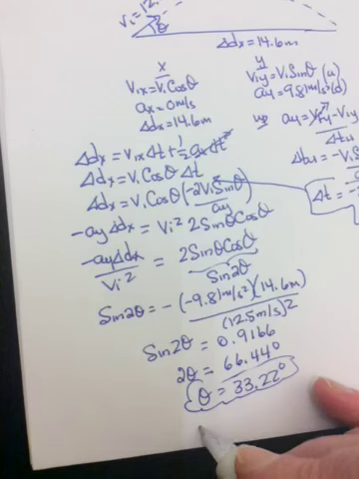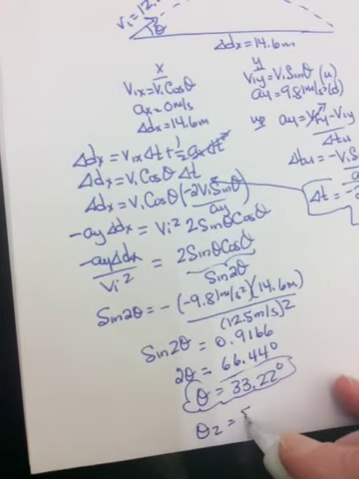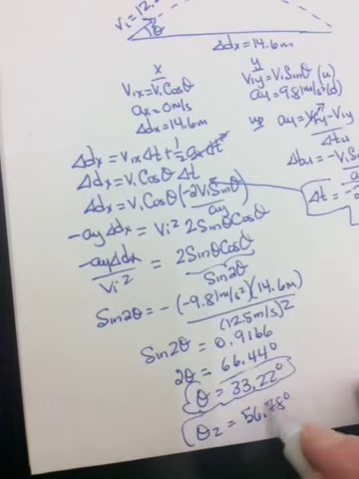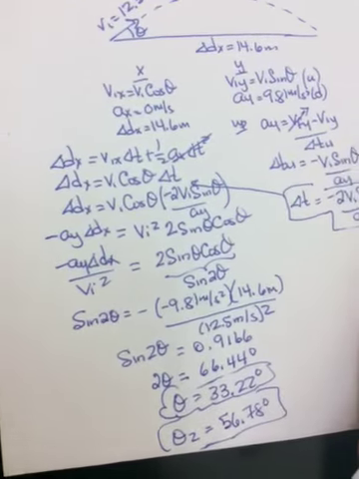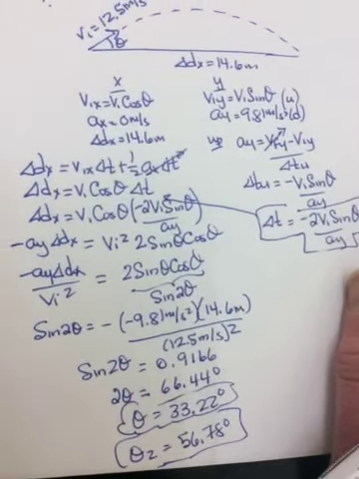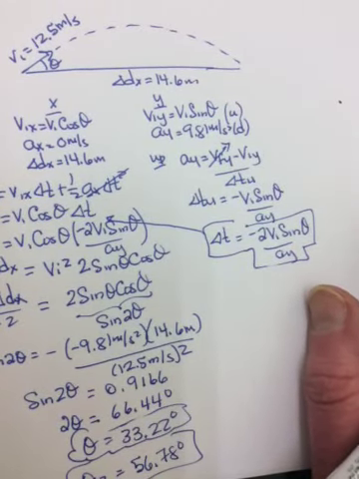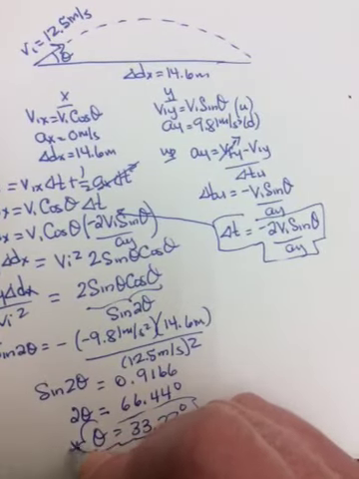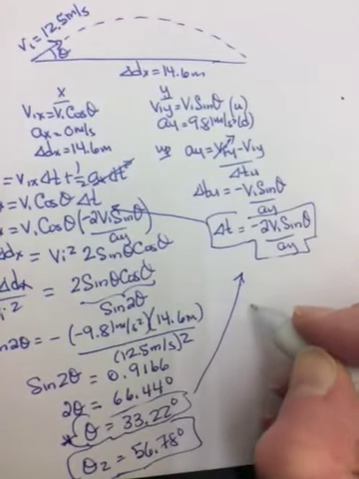Remember we said yesterday that the second one is always 90 minus that. So it'll be 56.78 degrees will be theta 2. The textbook doesn't ask for 2, but in an assignment I would. The textbook goes on to ask what would be the maximum height and what would be the time of flight. So doing it for this one, once you have your theta, fill it back into this equation.